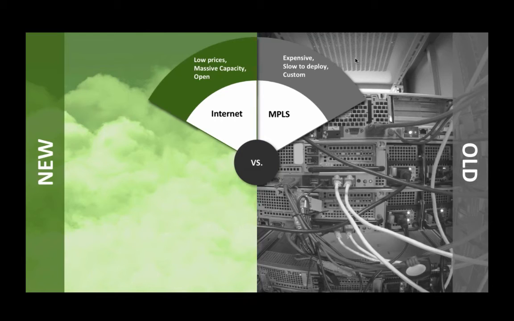The first is that the internet has drastically evolved in terms of its capacity and its prices. For example, as a result of the massive increase in DDoS attacks, denial of service attacks, carriers have expanded drastically the amount of capacity they have deployed globally.